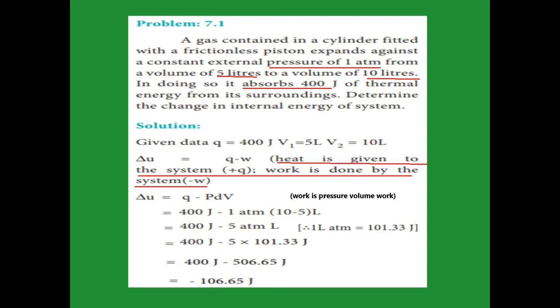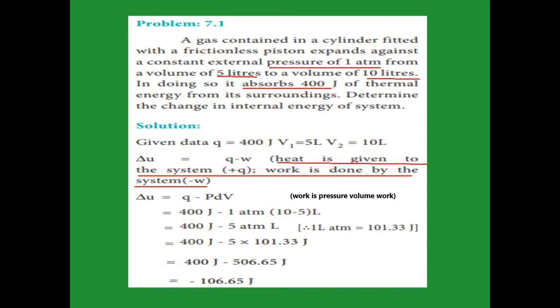First of all, delta U equals Q minus W. Why we are putting Q minus W: Q is the heat absorbed by the system, so a positive quantity, and work is done by the system, so a negative quantity here, and the work we are considering as PV work, that is pressure volume work. So Q minus P into delta V, and P is 1 atmosphere, and the volume changes from initial to final. Final volume is 10 and initial volume is 5.